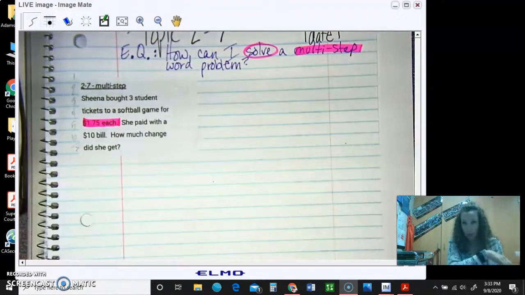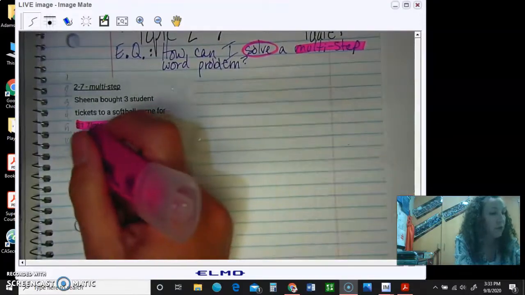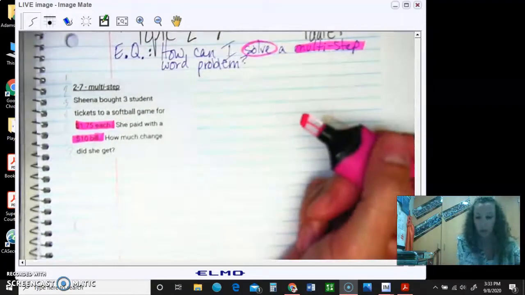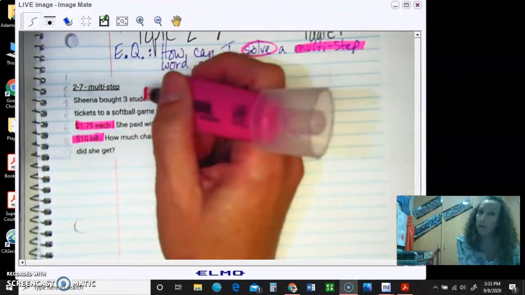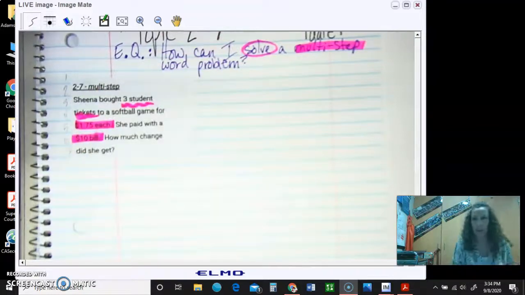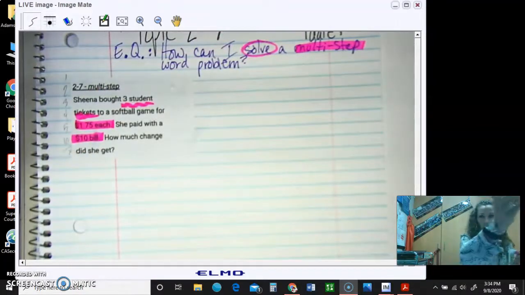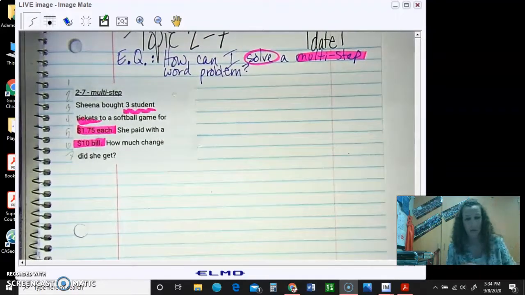Highlighting with the pink makes it kind of hard to read, but hopefully you can still see it. She's starting with a $10 bill. We also have to know how many she bought, right? She's buying 3 tickets. Okay, so now I've analyzed it.